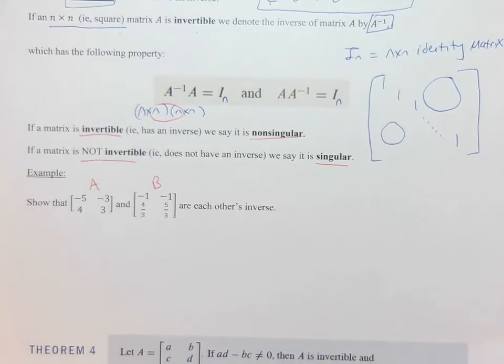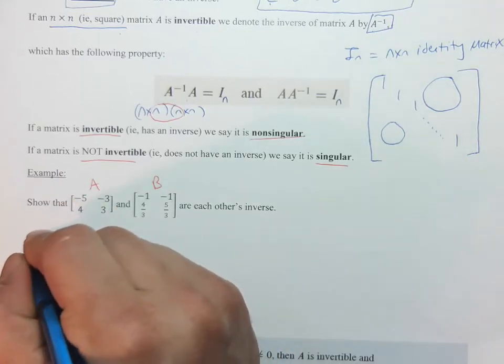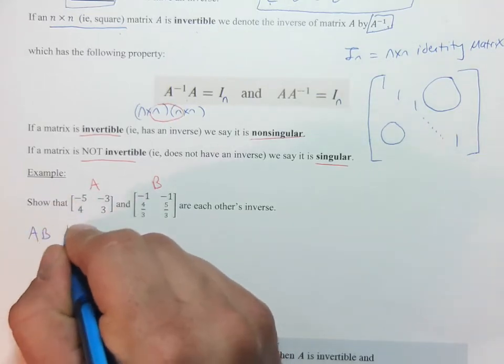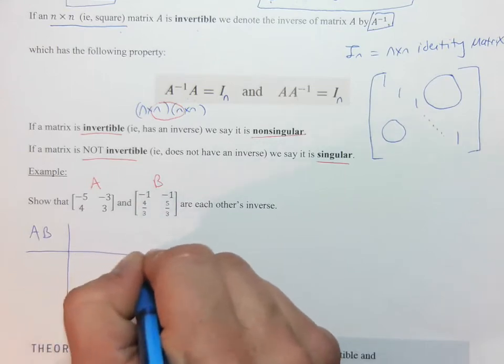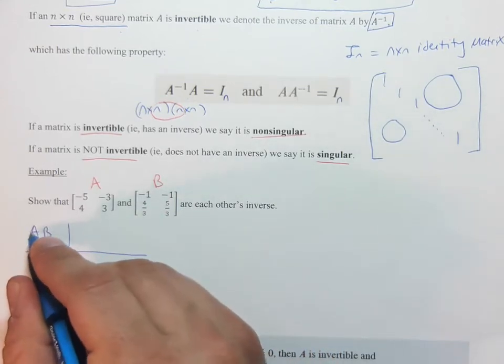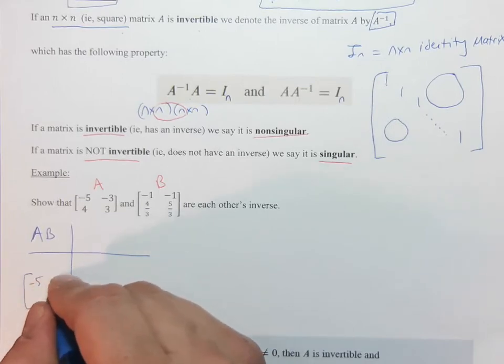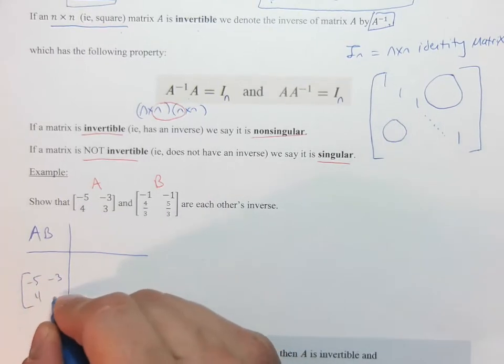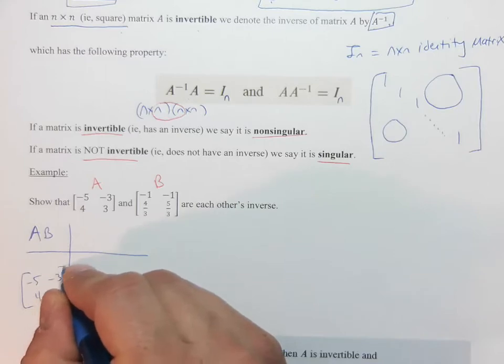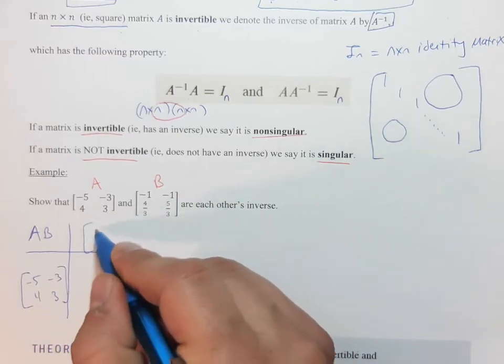All right, so let's first multiply A times B. Remember, we make this table, and we put the matrix on the left down at the bottom here, and then we put the one on the right on the top.